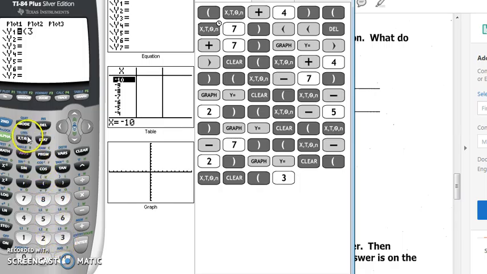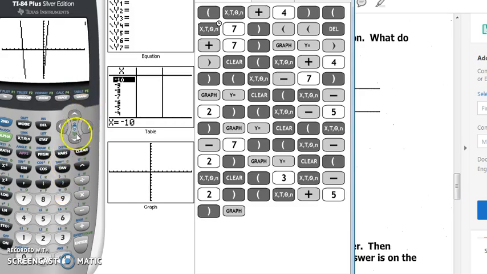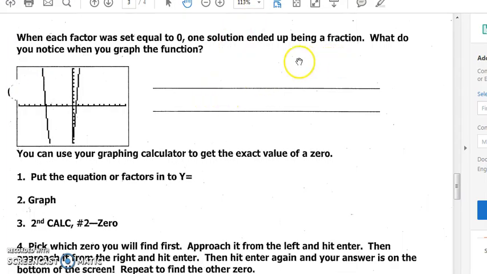Parentheses, 3x minus 2, parentheses, another parentheses, x plus 5, okay, and then hit graph. So this is going to be negative 5, and that's 2/3. So we had two x values. So this is what we have. This is from the graphing calculator.